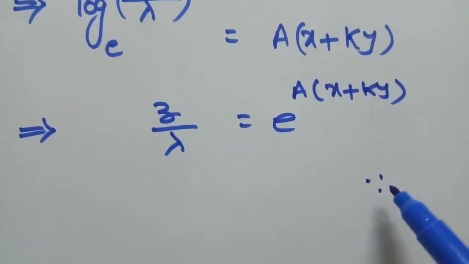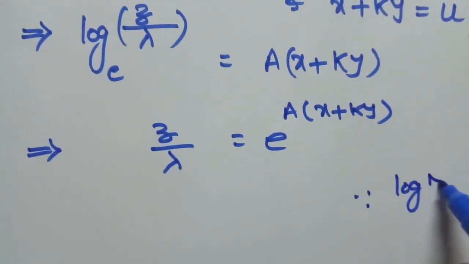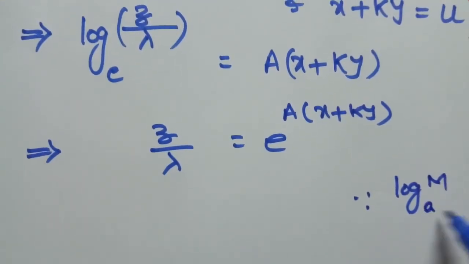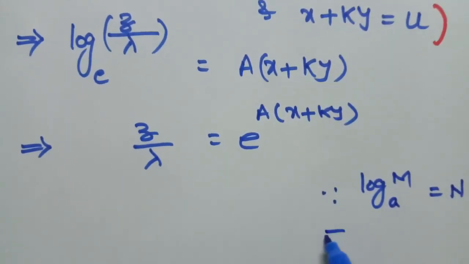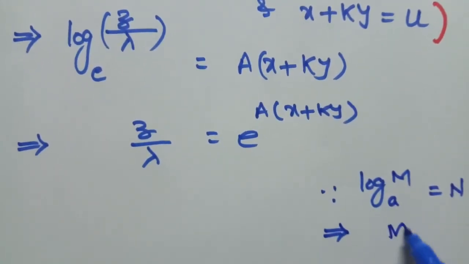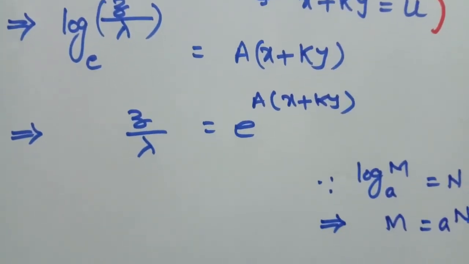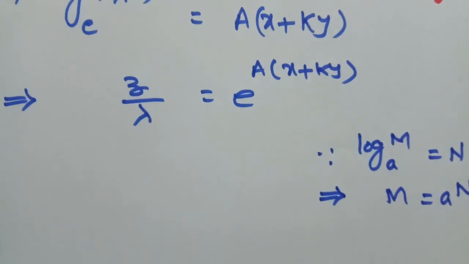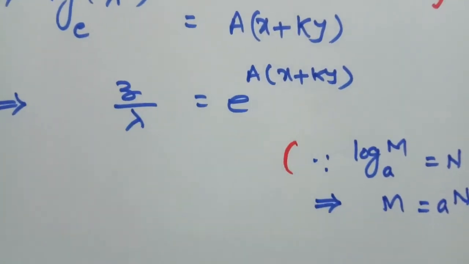Since by the definition of logarithm, log m base a is equal to n implies m is equal to a power n. This is the basic logarithmic formula. We are using this here.